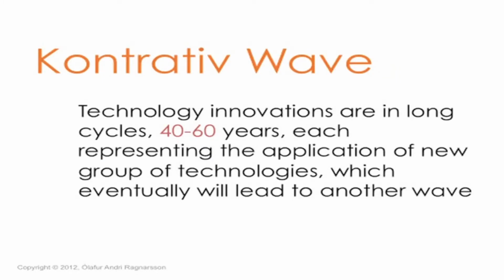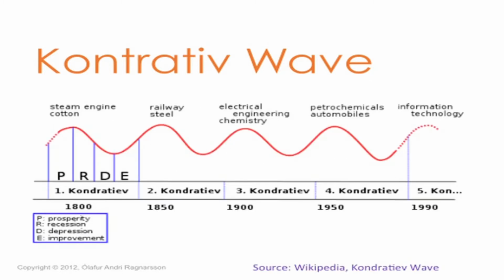He published a paper about what he called the contractive wave, which is that technology innovations are in long cycles, 40 to 60 years, each representing an application of a new group of technologies which eventually will lead to another wave. Sounds familiar? Generations. And he observed this over a long time. So you have these waves.